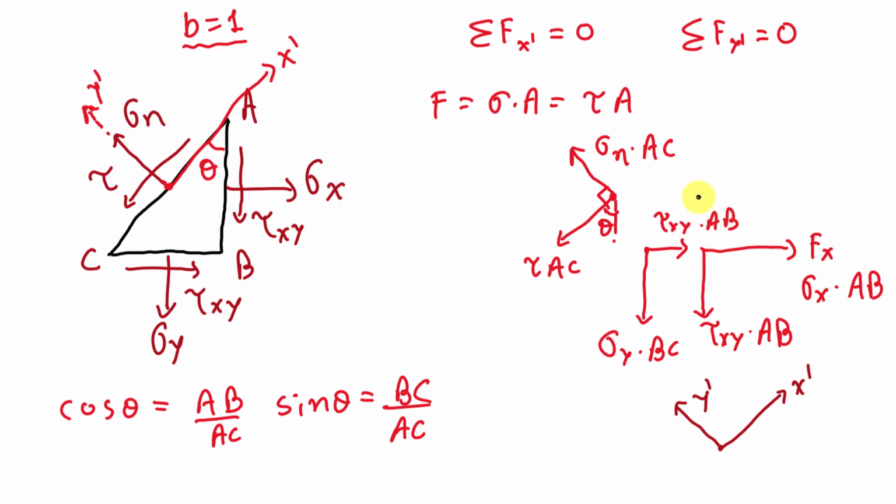So now if you resolve these forces in x dash direction and y dash direction, then you will get the value of sigma n and tau in terms of sigma x, sigma y, tau xy and also theta, right? Now I am directly going to give you the equations to find sigma n and tau, because the derivation of these equations is not necessary. Fine.